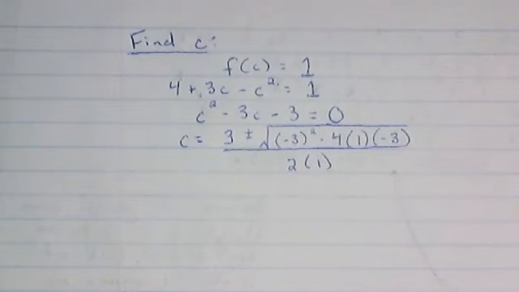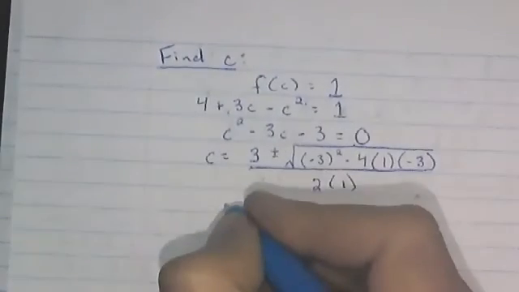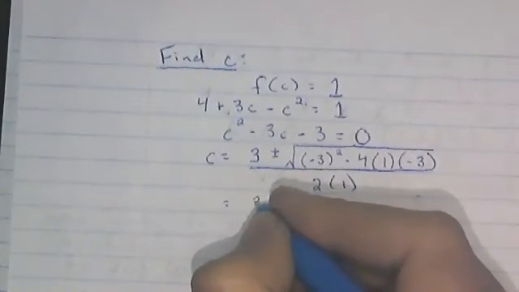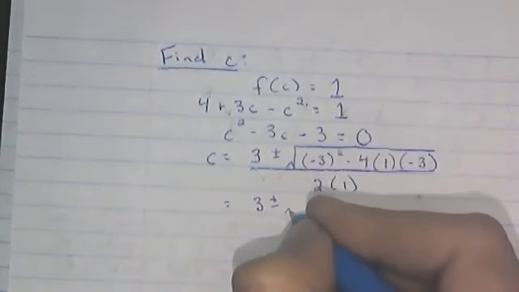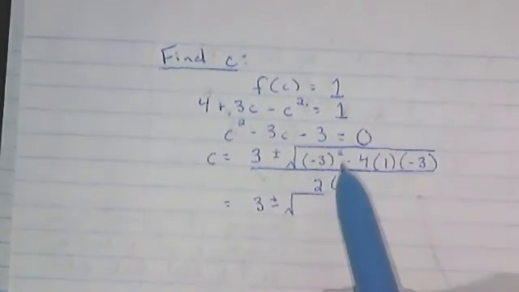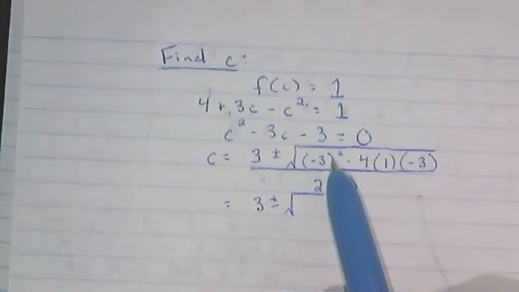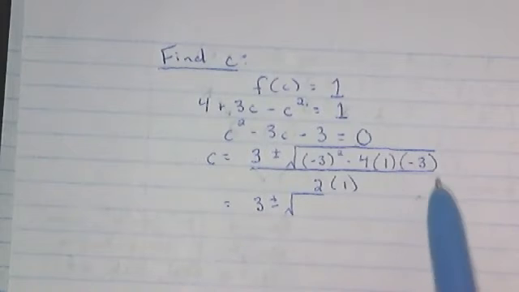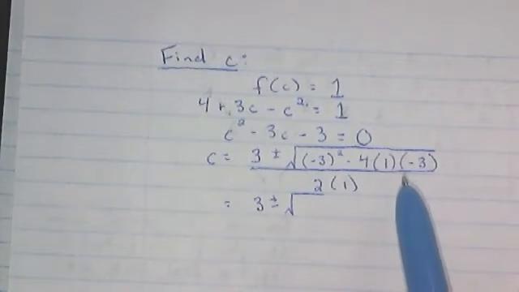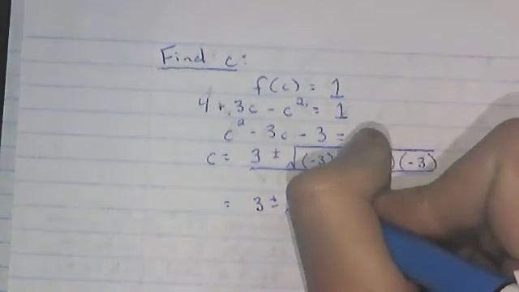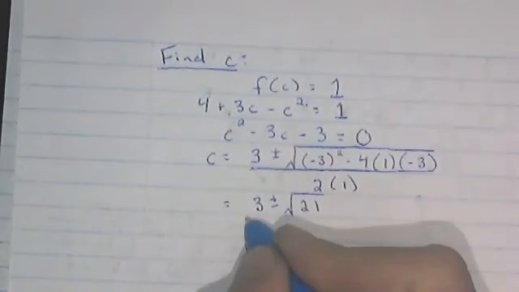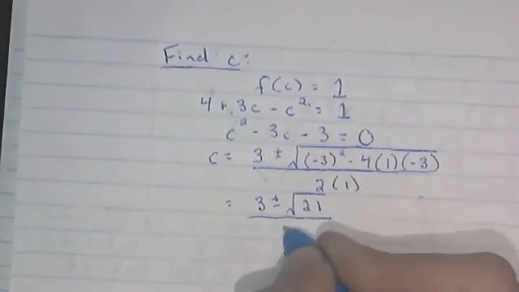Cool. Simplify. We end up with 3 plus or minus the square root. Negative 3 squared is a positive 9. A negative 4 times a negative 3 is a positive 12. That turns into a positive 21, all divided by 2.